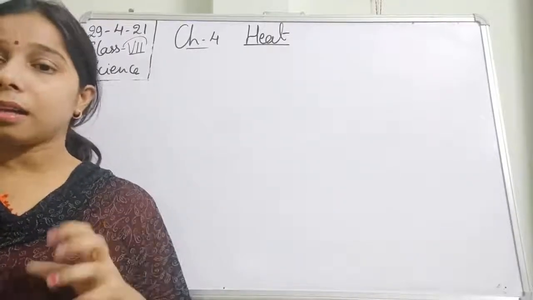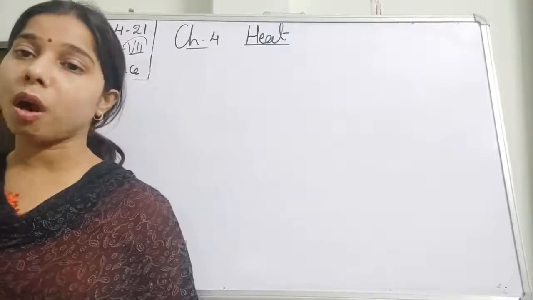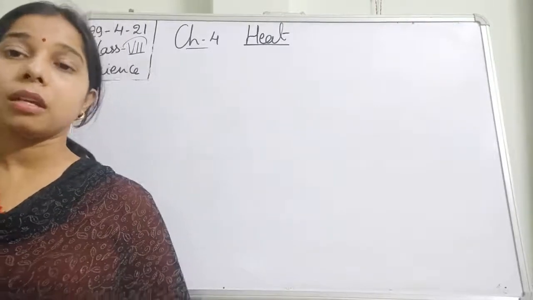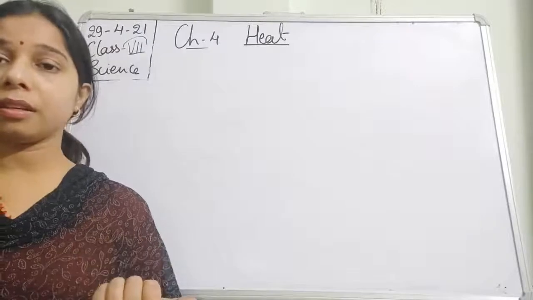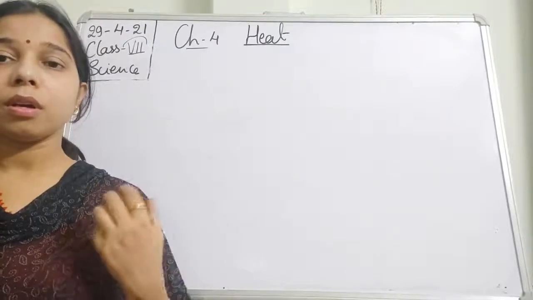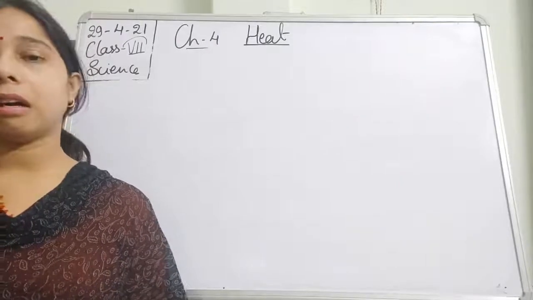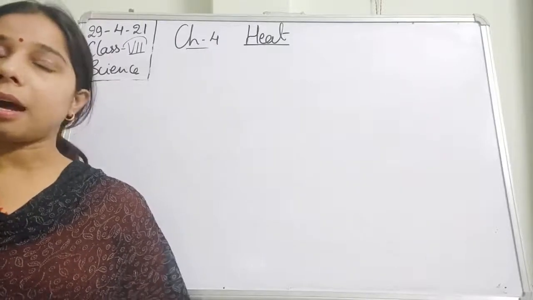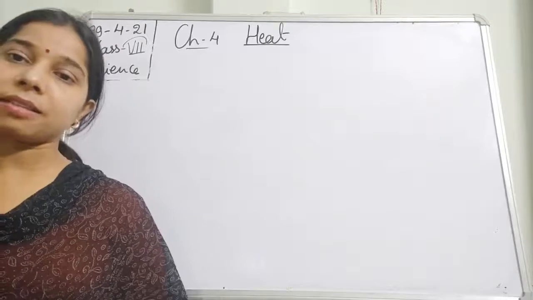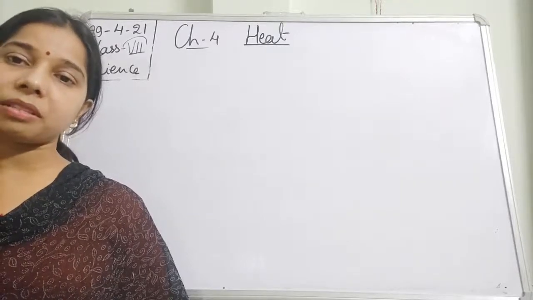And in that, the animals through which we obtain the fiber, students, is the wool. Woolen clothes we obtain from the animals which have fur or fleece on their skin. And the second thing is the silk that we obtain from the silkworm.